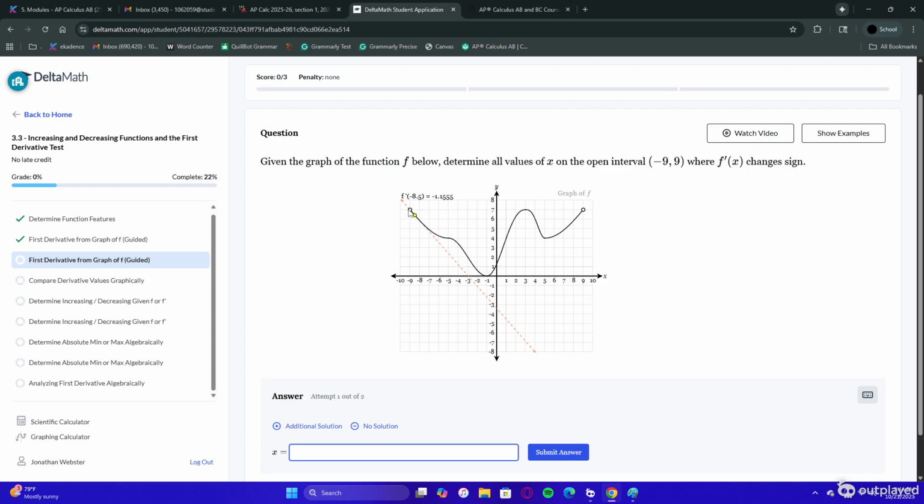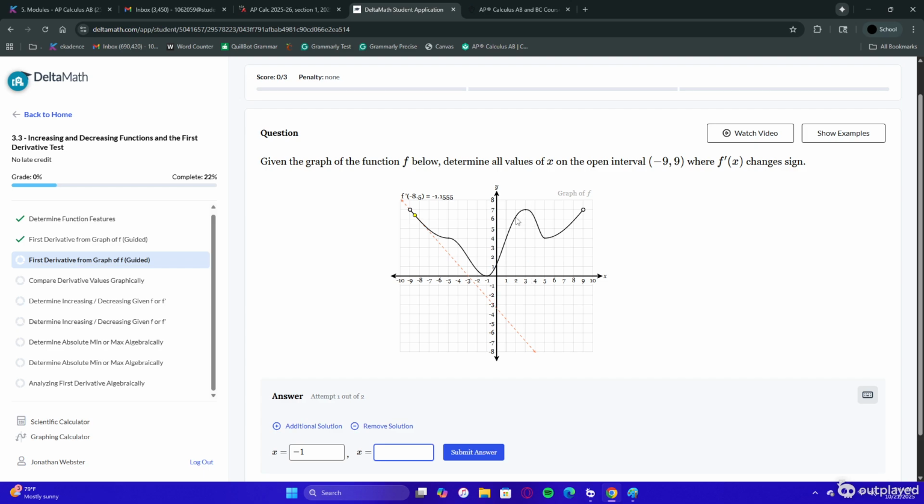So from here, you can see it's decreasing, decreasing, decreasing all the way to negative 1 at x equals negative 1, and it starts increasing again. So at x equals negative 1, it changes its direction, or it goes from decreasing to increasing. And then it goes from increasing all the way to x equals 3, right?